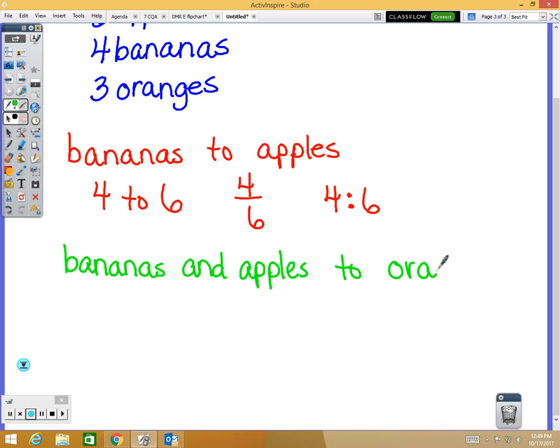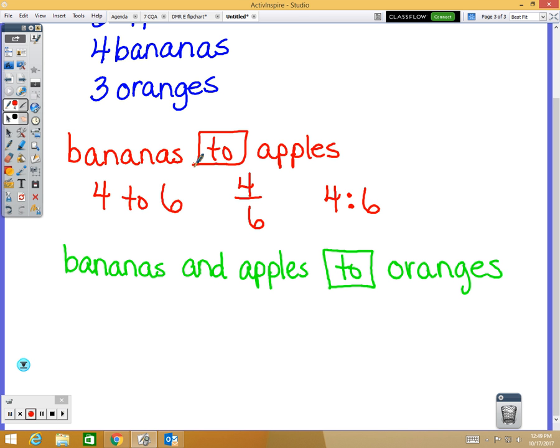So this word to is important. Be looking for that word to, okay? Just like we had that word to in this one here. Bananas and apples together to oranges. The oranges is by itself.